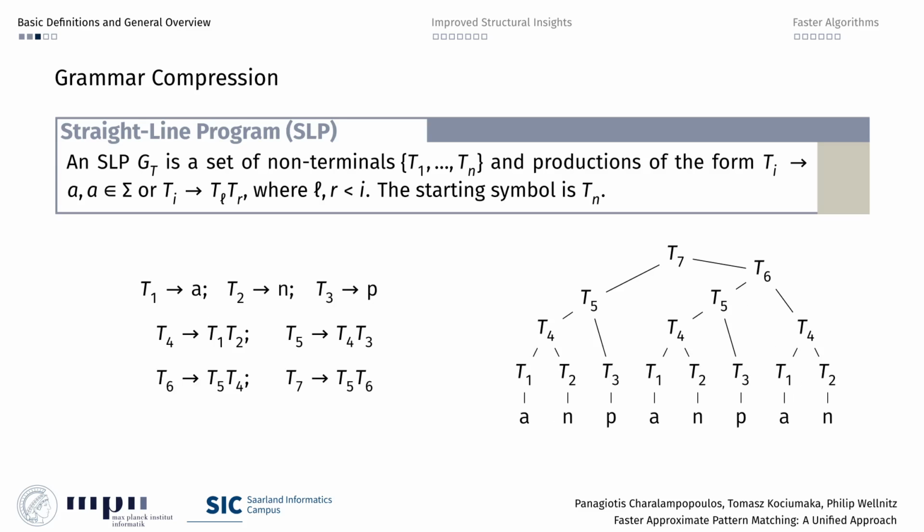Getting better, and now with 7 rules, we produce the string unpan of length 8, so we do compress that string, albeit not by much. However, it is easy to see that in the best case, such an SLP may give up to an exponential compression.